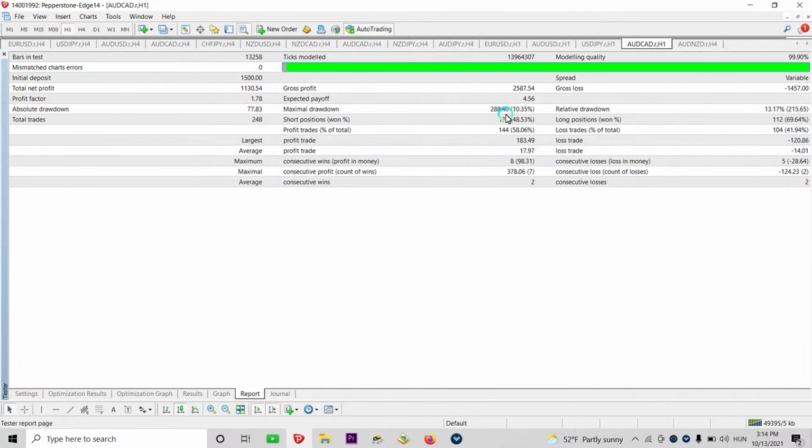And let's see, so we have a maximum drawdown of somewhere around 10%. On one pair we have almost 100% gain. It is not 100%, but it is not so far from that.